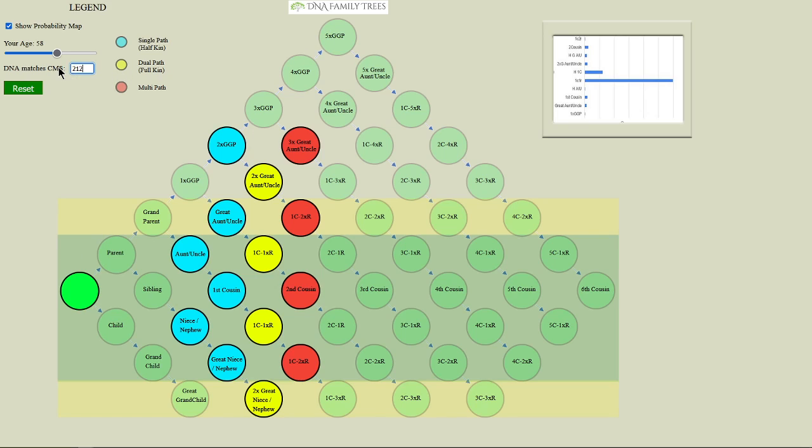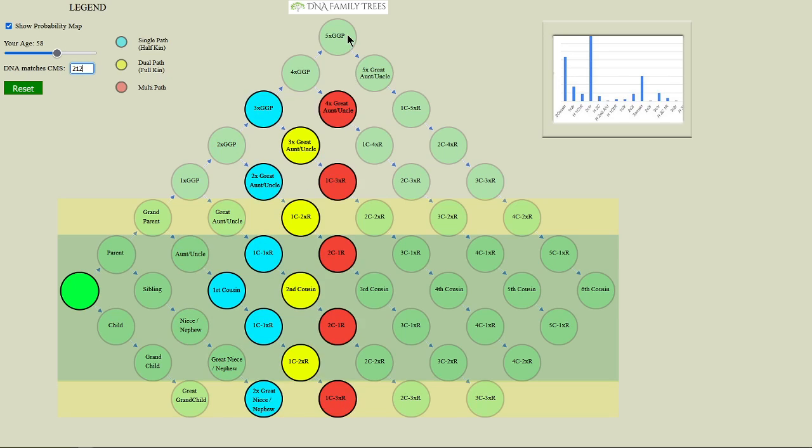Let's go out to the 212 level, and you can see right here where it folds. When you get to this point, you start looking a little further. So this is single path, this is dual path, this is multi, but you can think of it as quad if you want for now, but think of it as multi. And then if this is single, double, and quadruple, and this is octuple paths, you're going to have lots of paths.